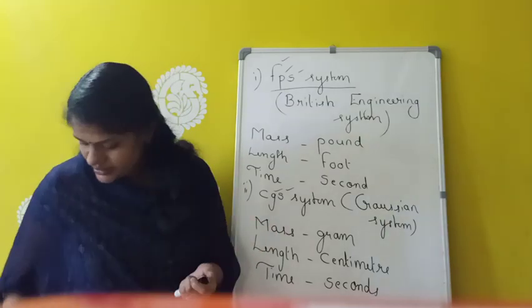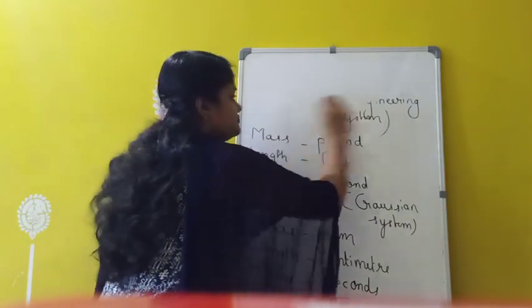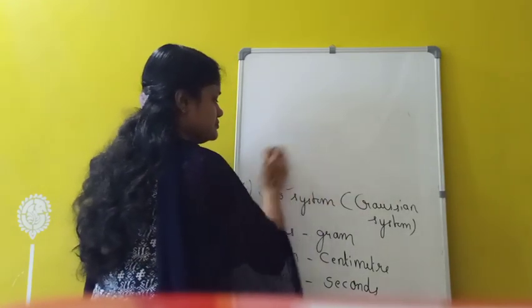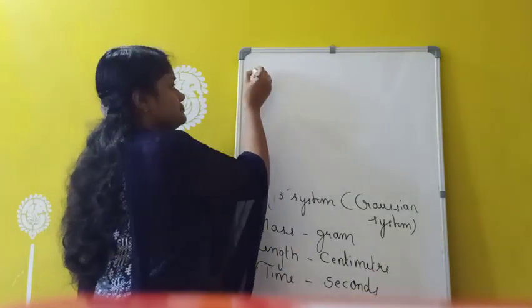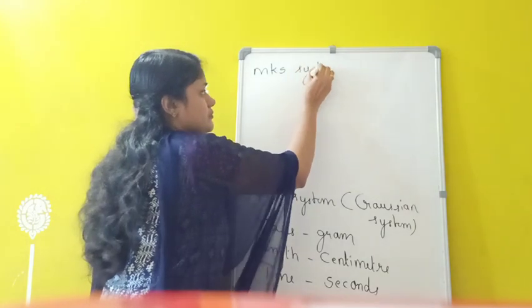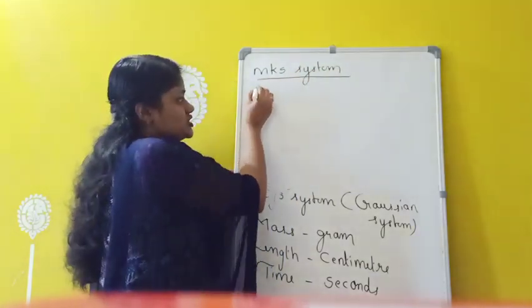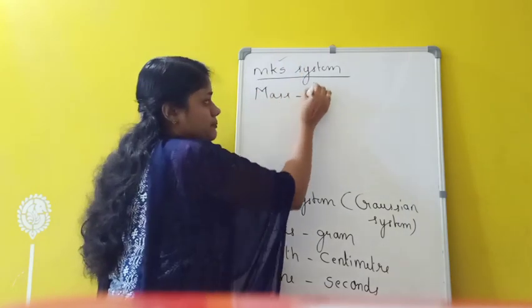Next, third one is MKS system. In MKS system, unit of mass is, K indicates kilogram.